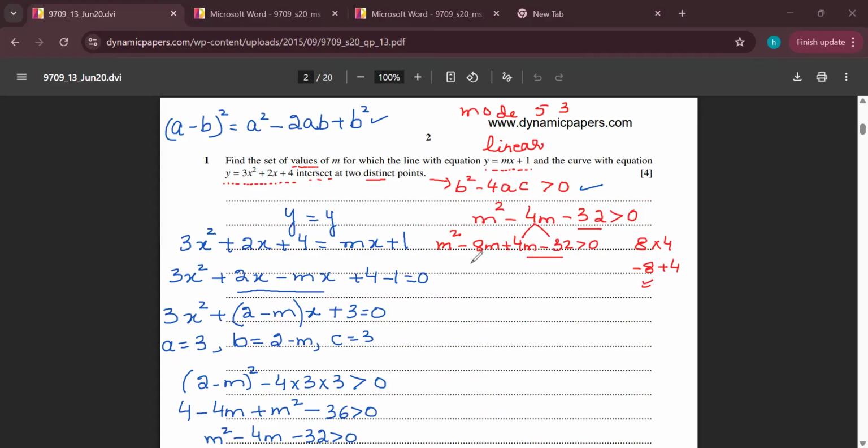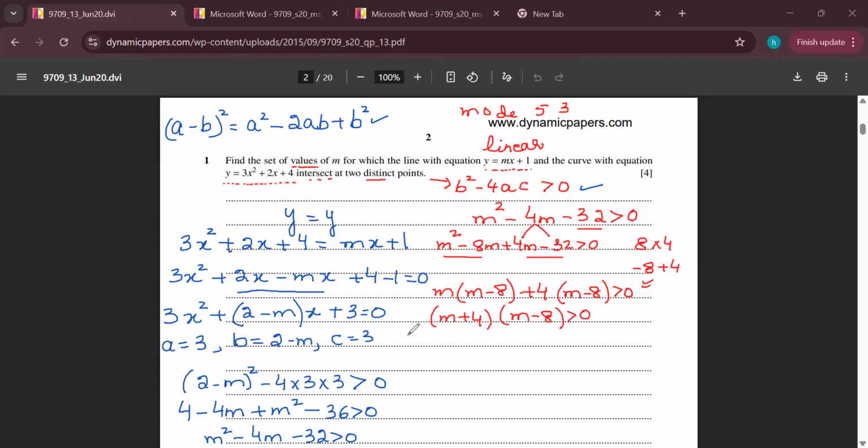Now we'll take out common. So here m is common, inside m minus 8, plus 4 is common, inside m minus 8, greater than 0. So when we factorize, we get m plus 4 and m minus 8 greater than 0.